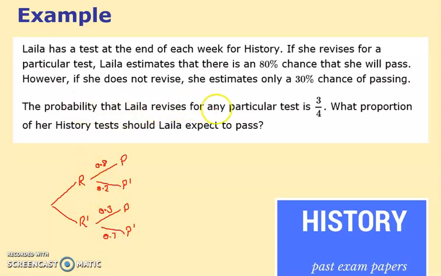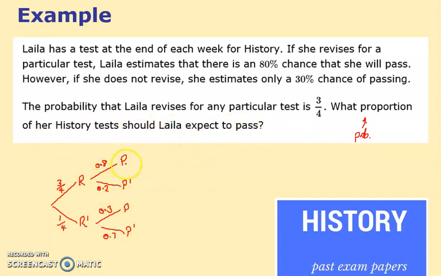Now, do they tell us these here? The probability that Layla revises for a test is 3/4, yes. So I have set it up right. Obviously, that's a quarter. So these are given probabilities. And I suppose it's only required that we care about that if it starts giving us some dodgy notation. What proportion of her history test should Layla expect to pass?